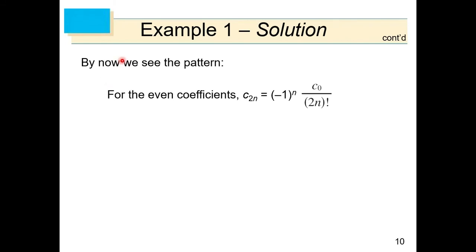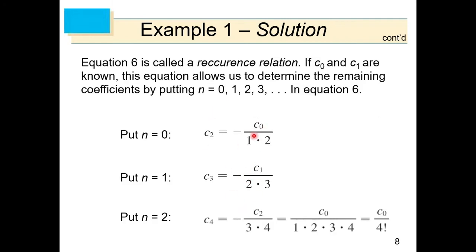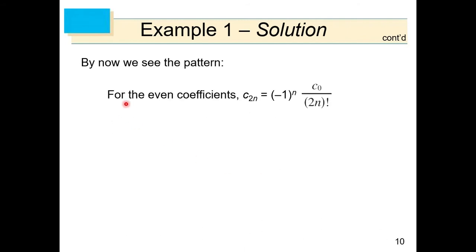Now we see the pattern. Now we see the pattern for the even coefficient: c2n is equal to minus 1 raised to n into c0 upon 2n factorial.